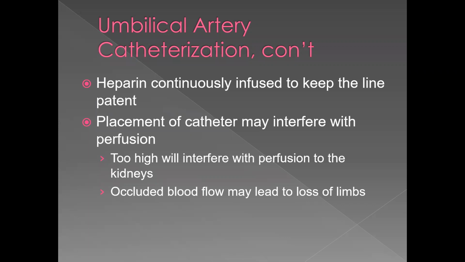Because if it was, it interferes with perfusion to the kidneys, because on the descending aorta, where the blood flow to the kidneys branches off, it's close to the umbilical artery and vein, and it could interfere with perfusion. And then it says occluded blood flow may lead to loss of limbs. That's not good.